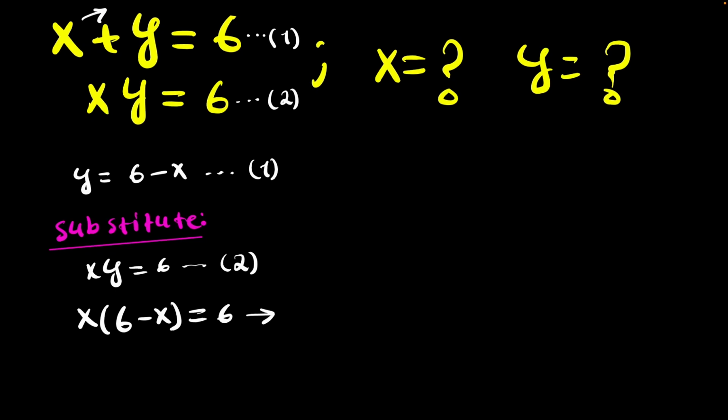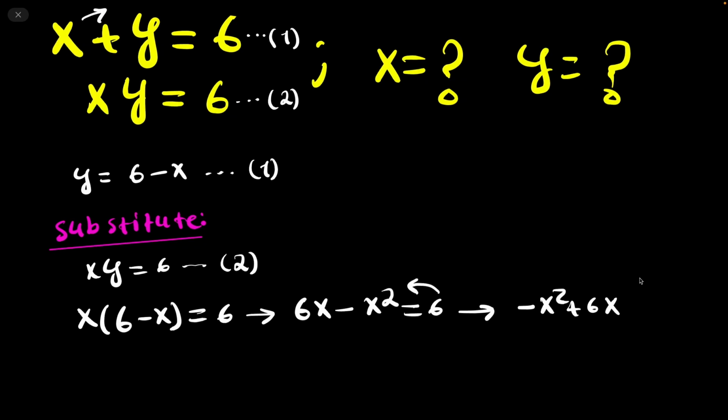Now I'm going to multiply x inside the bracket. So 6 times x is 6x, minus x times x is x squared, equal to 6. And I'm going to move 6 to the right side of the equation. I would have minus x squared plus 6x minus 6 equal to 0.